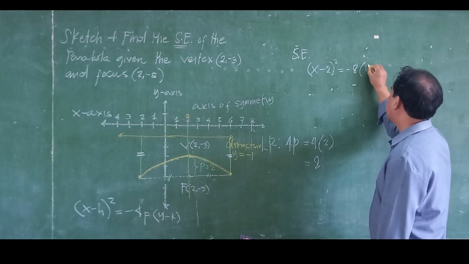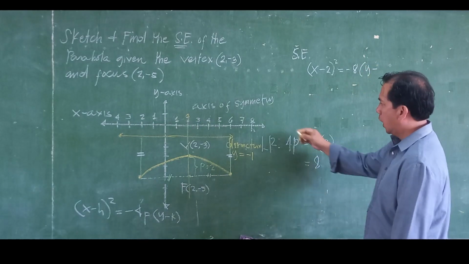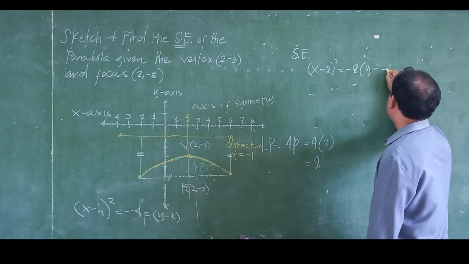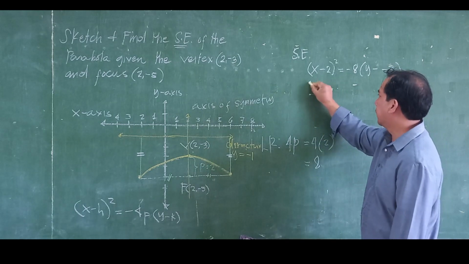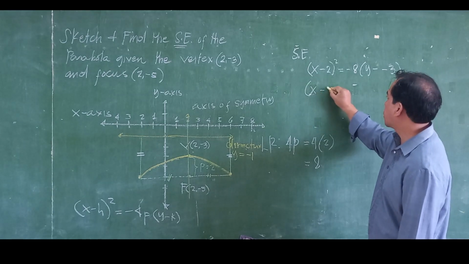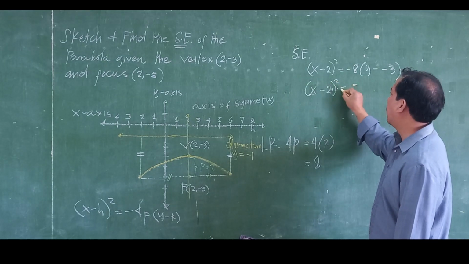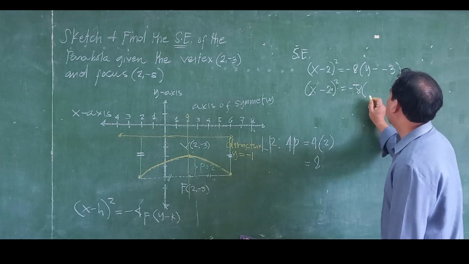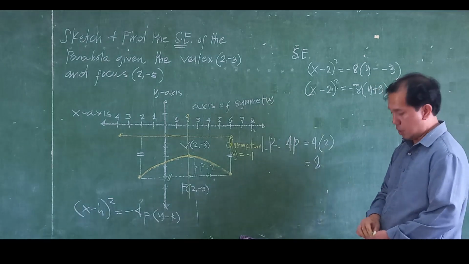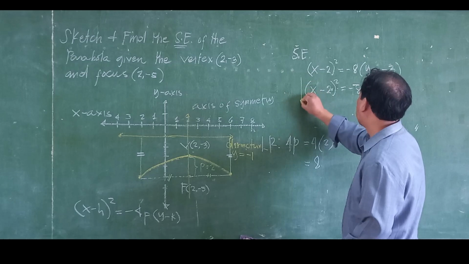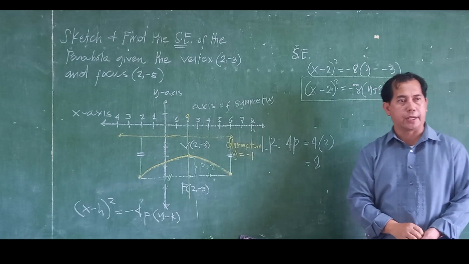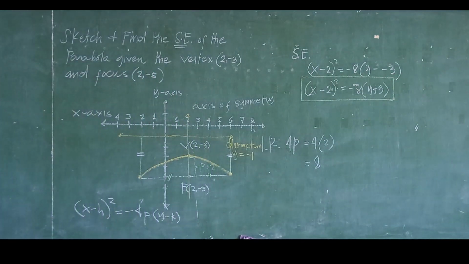Then y minus negative 3, and so that must be y plus 3. Final answer: (x - 2)^2 = -8(y + 3). And so that would be our standard equation of the parabola. Any question? Okay.